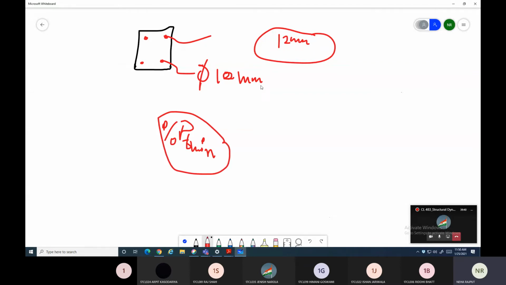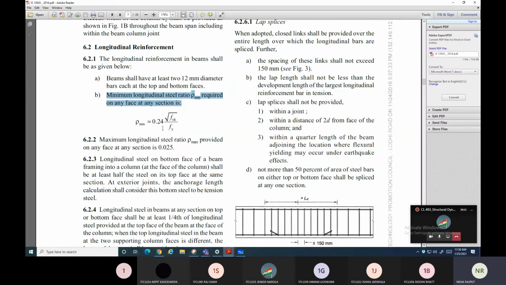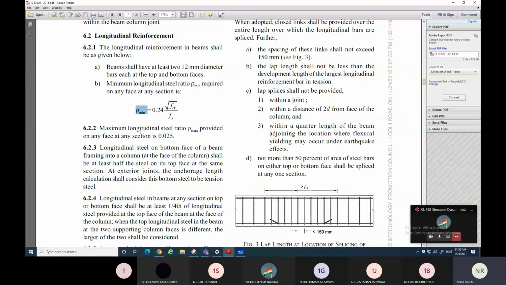So if you have done IS 456 design and you are getting a PT value, you need to compare it with this IS 13920 equation and check whether it satisfies this minimum criterion or not. If not, then you need to provide at least this percentage of steel in your beam that you designed by IS 456.